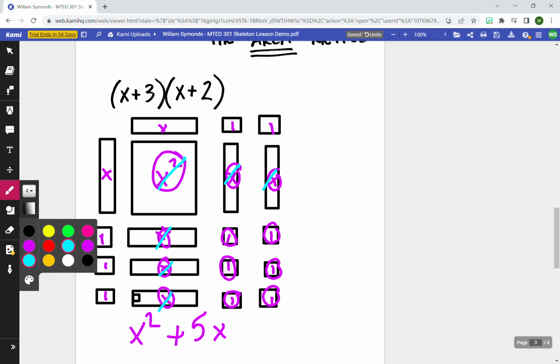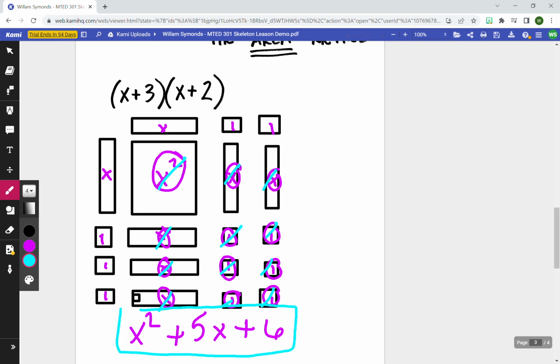We can cross all those boxes off too because we counted those. So we can add 6 when we've already counted all our boxes that we were able to multiply. So our answer from multiplying x plus 3 times x plus 2 would give us the polynomial x squared plus 5x plus 6.